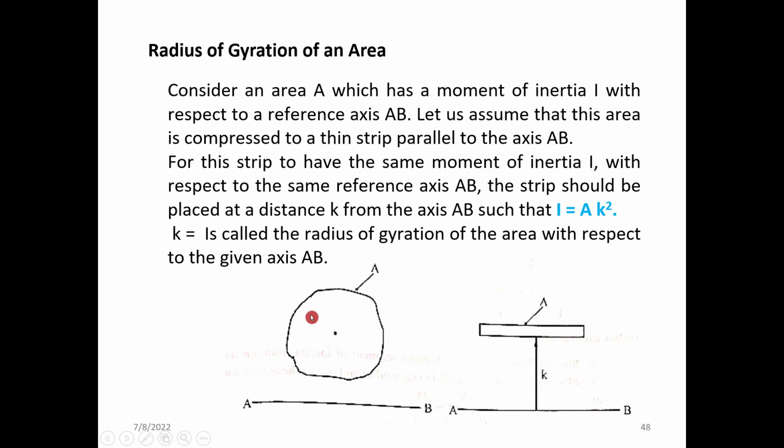Comparing these two areas, this area is nearer to the AB line and this one is far from the AB line. So there will be a particular value for k so that the moment of inertia of both areas with respect to this baseline will be equal. That value is called the radius of gyration of a particular area.